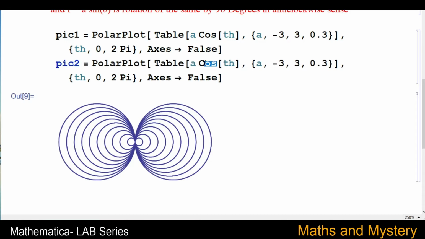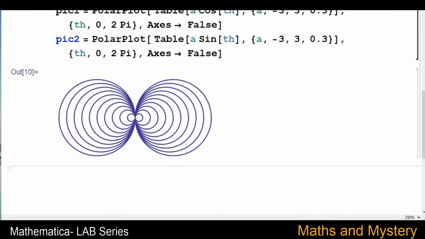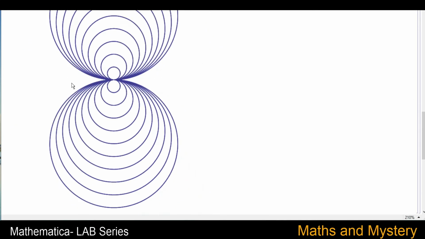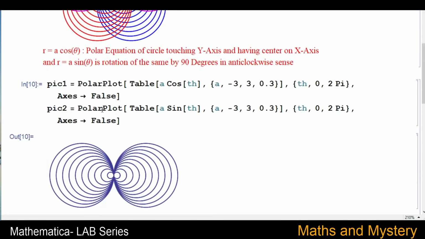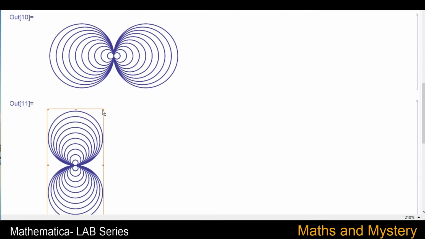Instead of cos, I will have sine here, shift enter. What we get is two figures like this, horizontal and vertical.